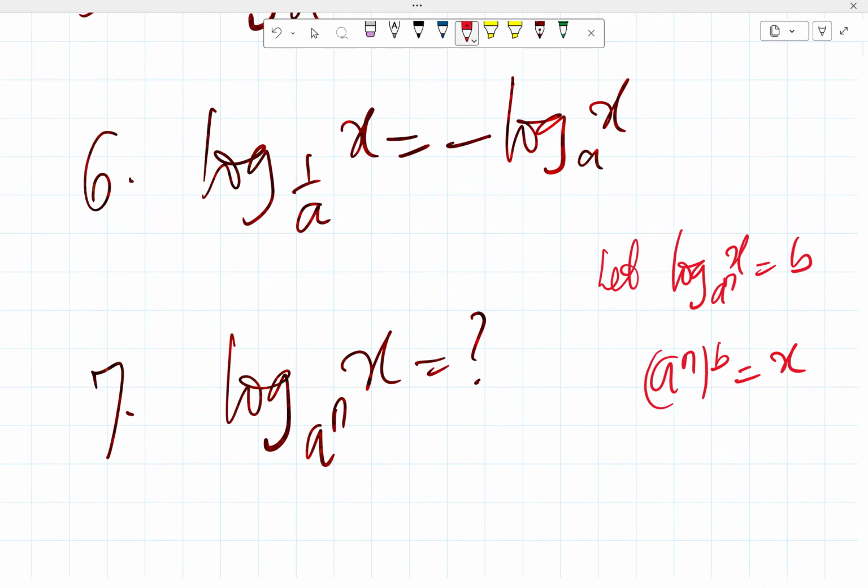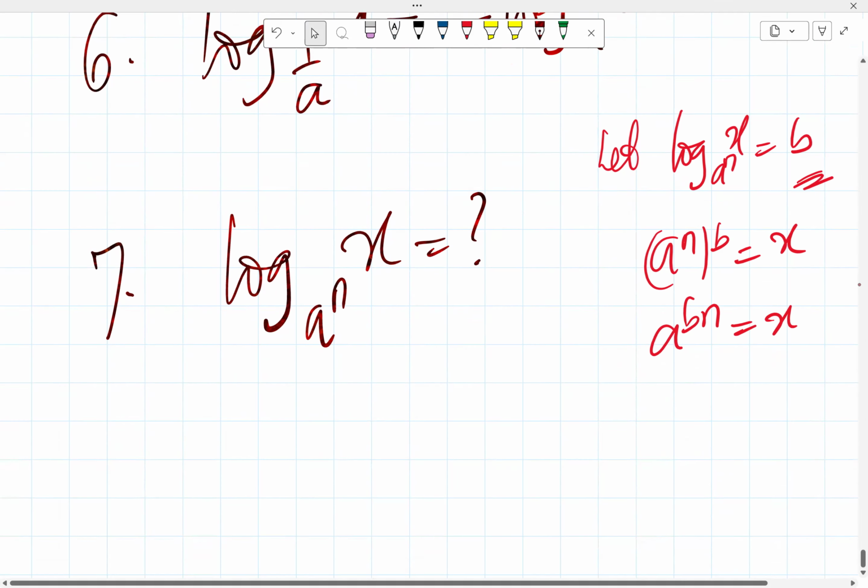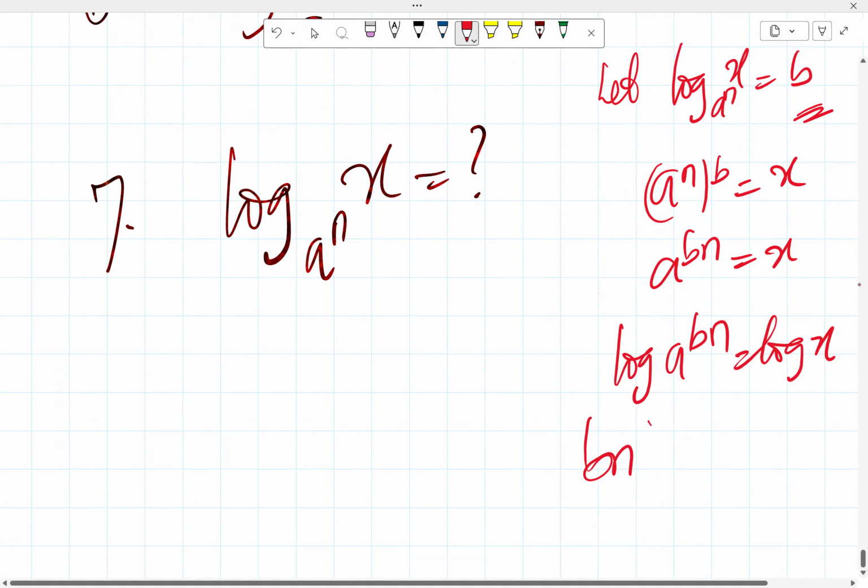Then we have a raised power bn equals x. Mind you, we are looking for b now. So we take log of both sides. So that's log a bn equals log x, and then that is bn log a equals log x.